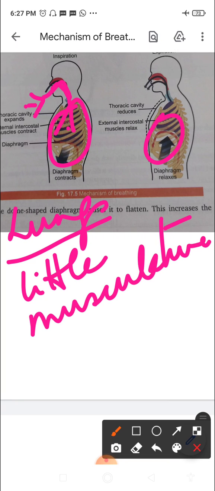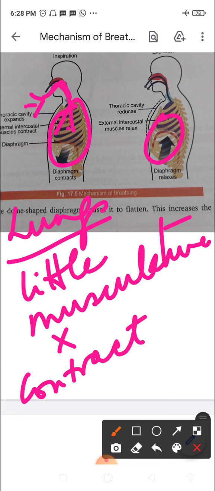Little musculature means less muscles, so they cannot contract or relax on their own, but this has to take place. So the movement of air in and out of the lungs occurs due to alternate changes in the intrapulmonary pressure. This is brought about in inspiration as well as expiration by contraction and relaxation of the diaphragm.